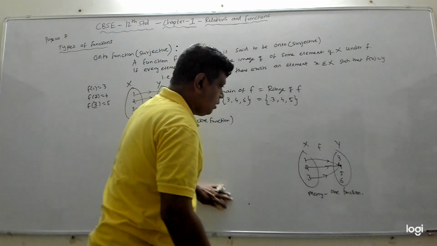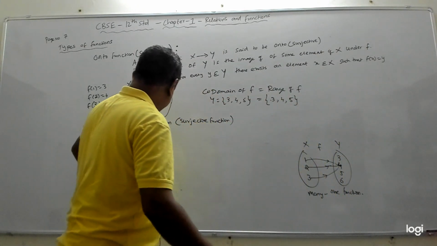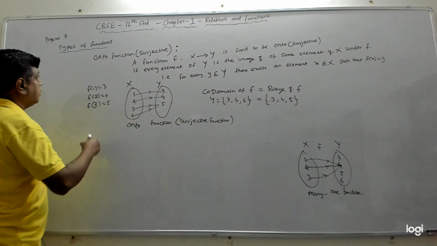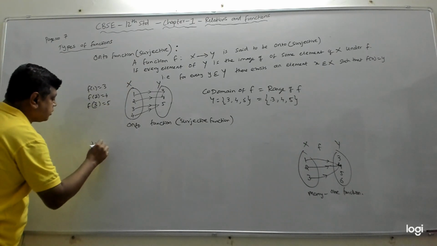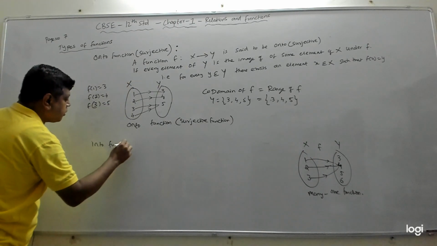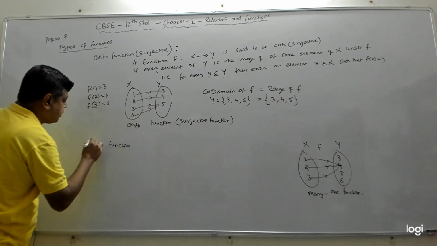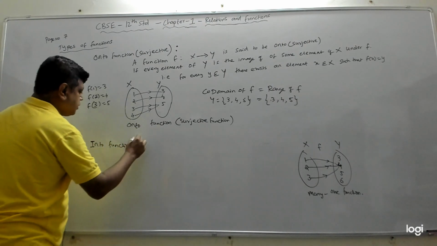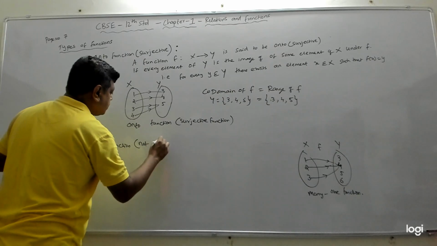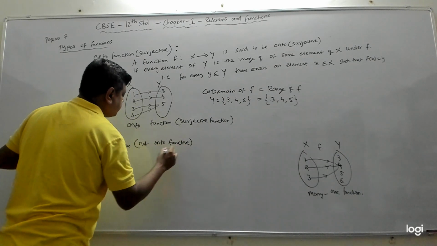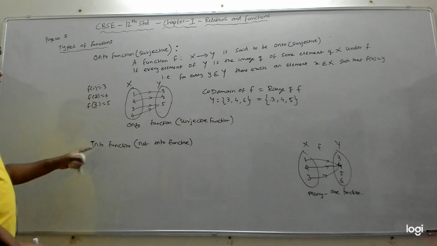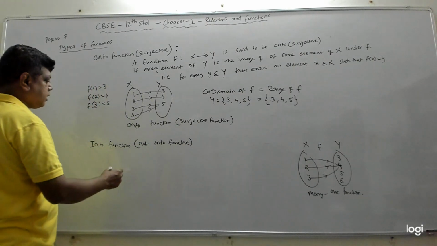Now let's go to the definition of a function which is not onto. It is called an into function. A function which is not onto, or not surjective, is called an into function. I will give an example.